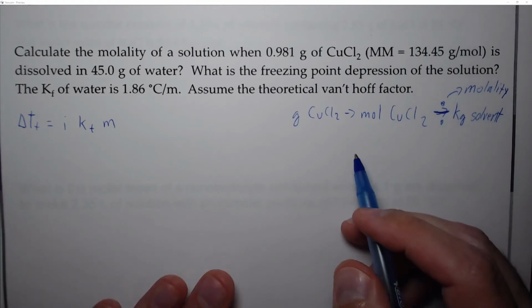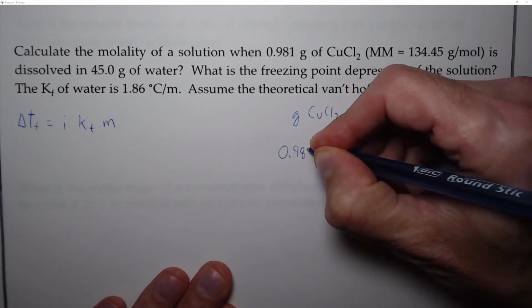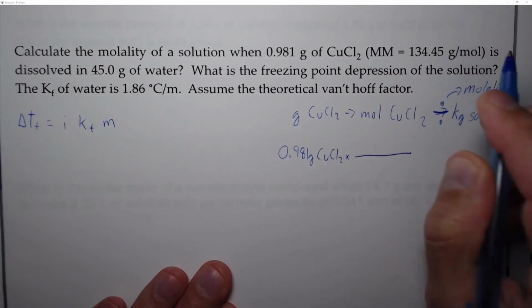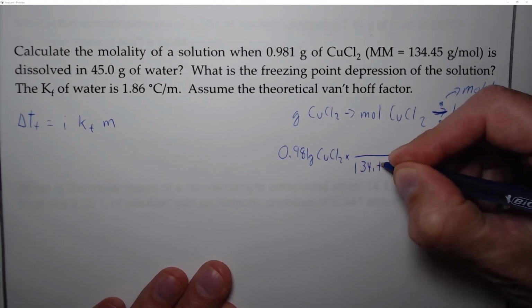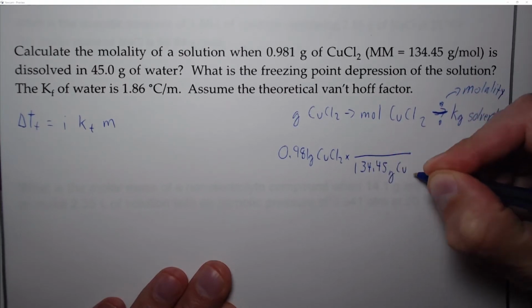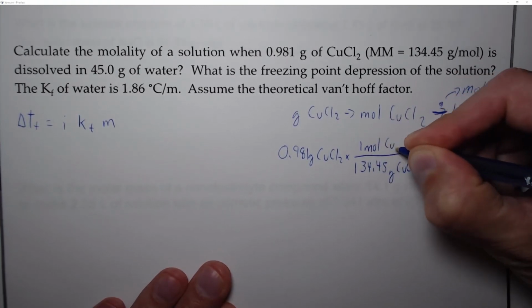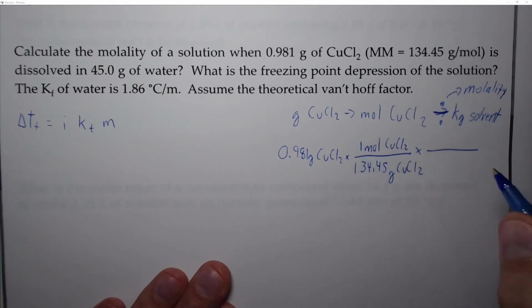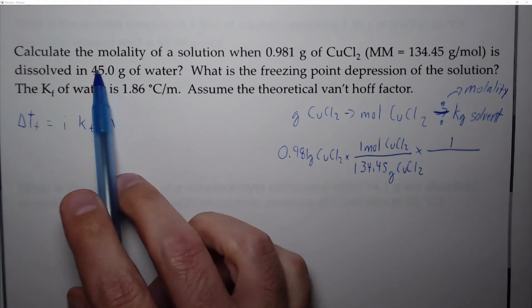So starting with the number of grams, which is 0.981 grams of CuCl2, times, we have the molar mass, we put that on the bottom, 134.45 grams of CuCl2, and on top 1 mole of CuCl2, times, now we want to put a unitless 1 on the top so we can divide by kilograms, and we need to convert these grams to kilograms.